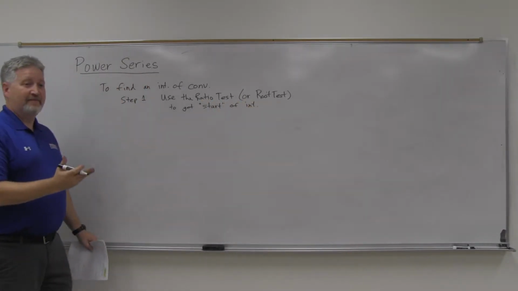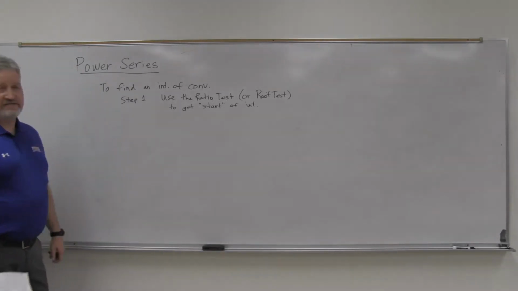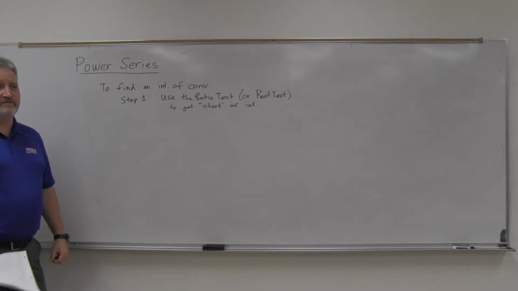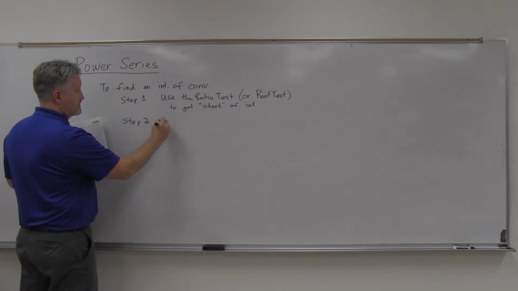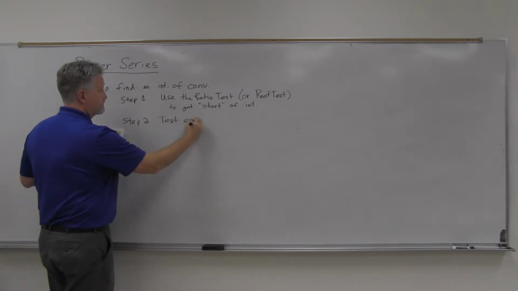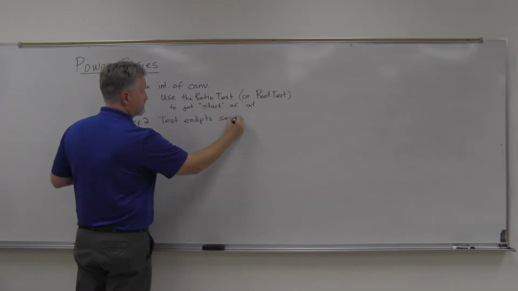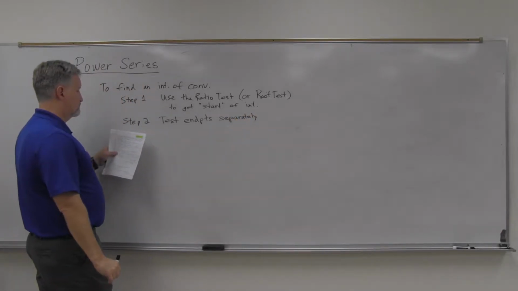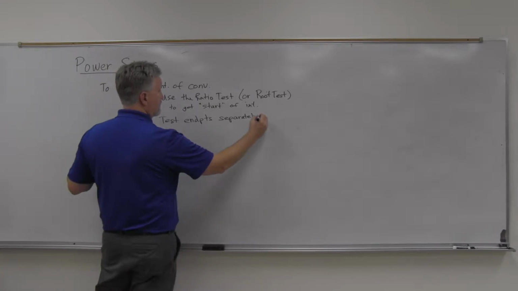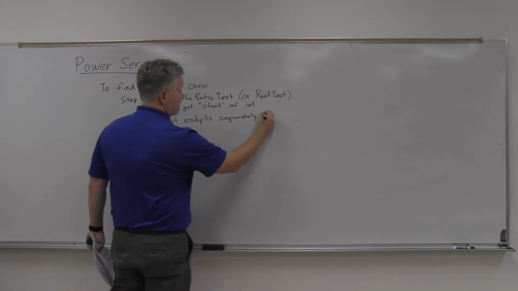Because, like we said, the ratio test only gives you when it's less than 1. That's the only thing it gives you. Step two, then, we're going to use whatever test to test the endpoints separately from that interval, to determine if it's convergent at those endpoints.